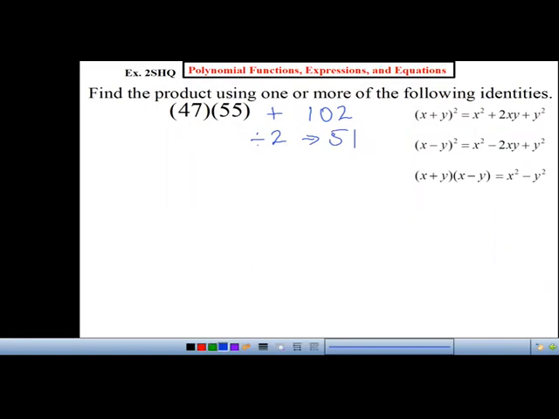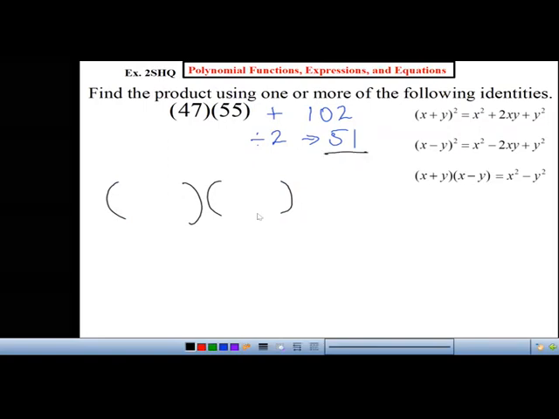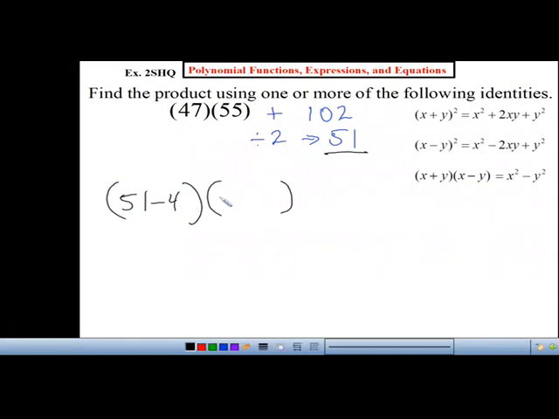Bianca, can you give me the 2 binomials using 51? 51 minus 4. And? Yeah, we got 51 minus 4.